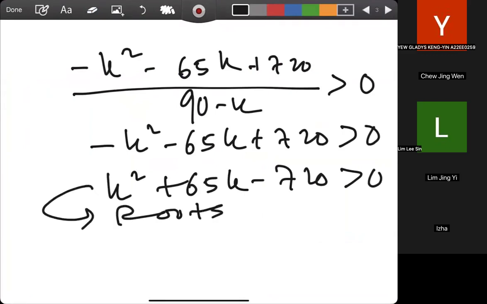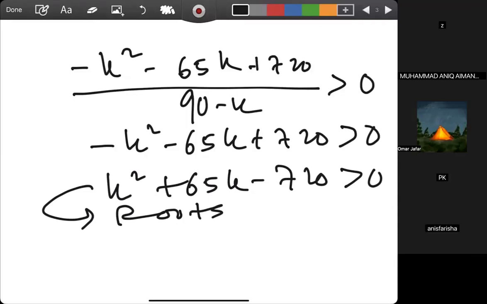Okay, please use your calculator. Find the roots.